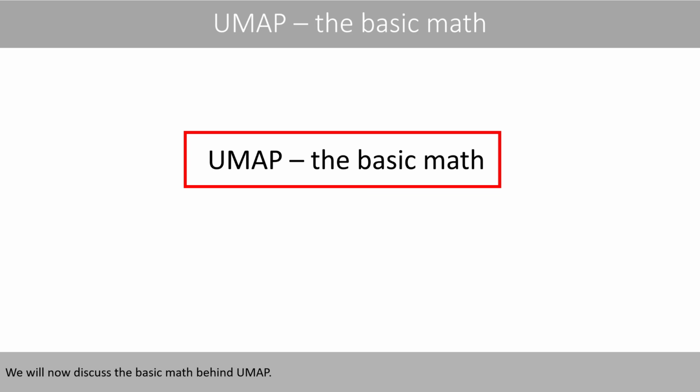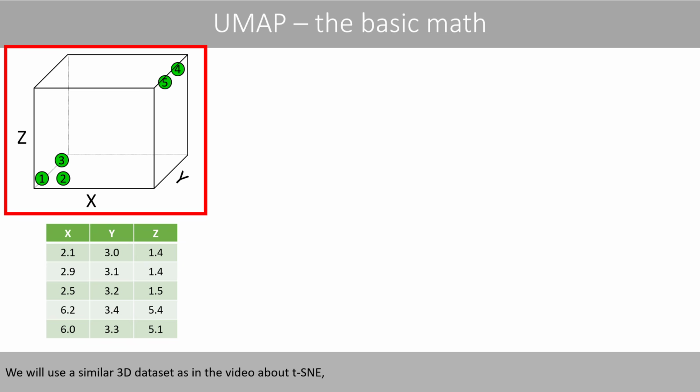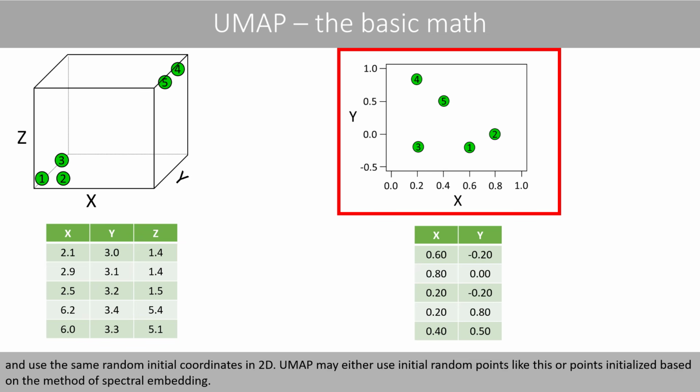We will now discuss the basic math behind UMAP. The math that I will show comes mainly from Appendix C in the paper, where they explain UMAP in a similar way to the t-SNE method, which is a lot simpler to understand. We will use a similar three-dimensional dataset as in the video about t-SNE, and use the same random initial coordinates in 2 dimensions.